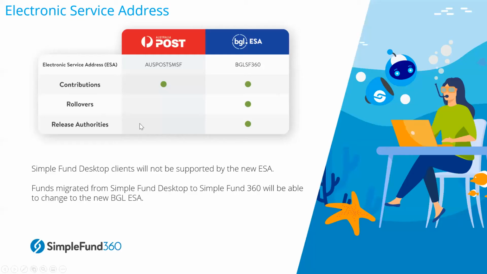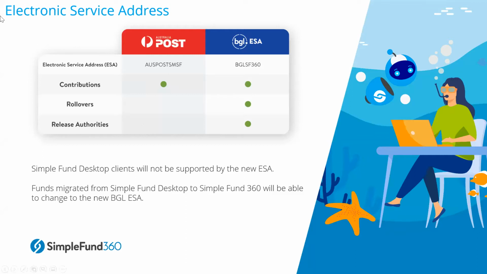We're going to jump straight into the content. And the first thing that I want to discuss is the electronic service address that is available in Simple Fund 360. So hopefully you're aware that we do have two ESAs that are available. There is one with the Australia Post, and then we've most recently added the BGL ESA. Now, there is a big point of difference between the two ESAs that are available.